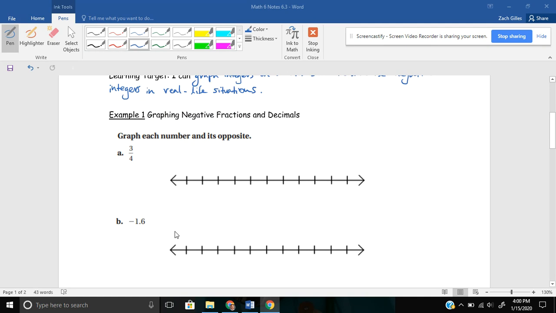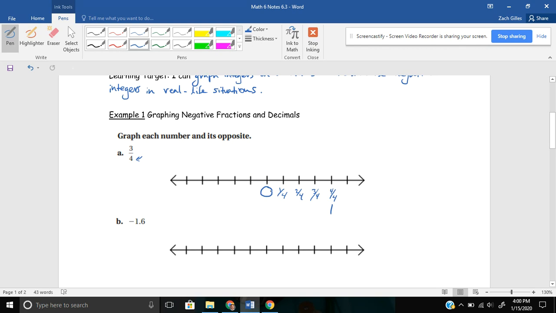Starting with example 1 here, it says graph each number and its opposite, and they give me 3/4. One of the first things that I have to determine is what is my interval going to be? What am I going to go by? Well, a hint that I have for you is to sometimes look at your denominator, and in this case, it's a 4, so I'm going to go by fourths. 1/4, 2/4, or a half, 3/4, and 4/4, which is the same as 1.